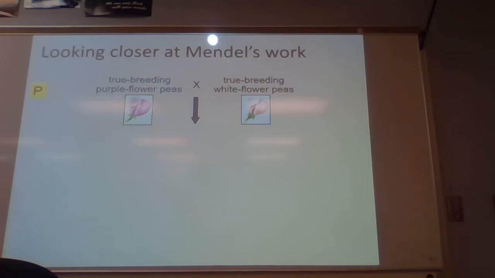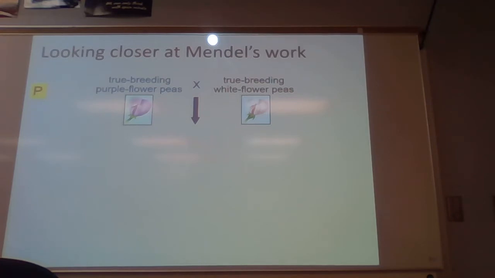Again, P means parental. We're taking the pollen from one true breeding plant, in this case purple, and crossing it with a white flower. It is notable that Mendel did both directions. He would take the pollen from purple and fertilize white, or take the pollen from white and fertilize purple. We'll talk later about why.